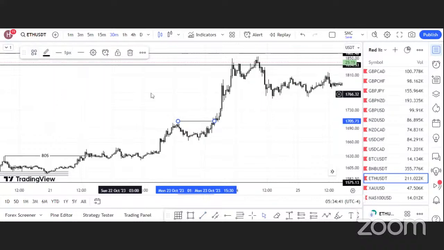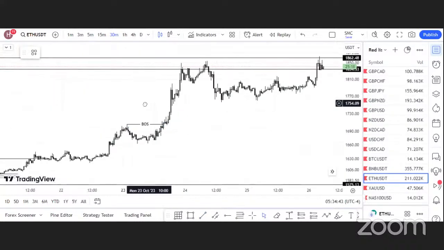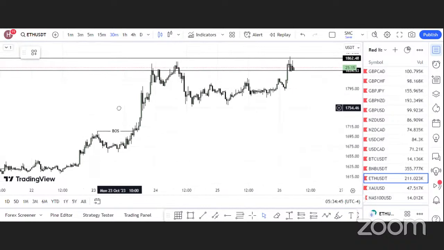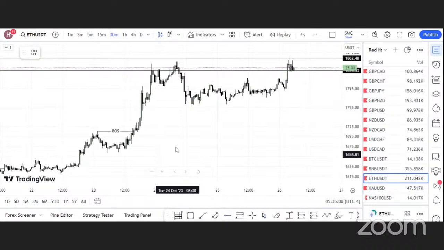So we have another break of structure here, and the market is currently, you see, so all this area got filled up, all these areas got filled up, but we have this area that is yet to be filled. Okay, we have this area.